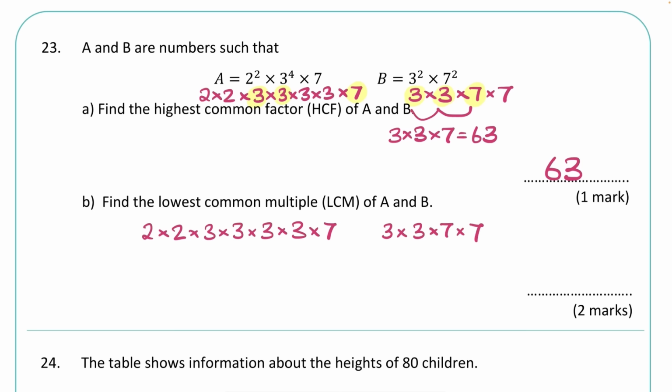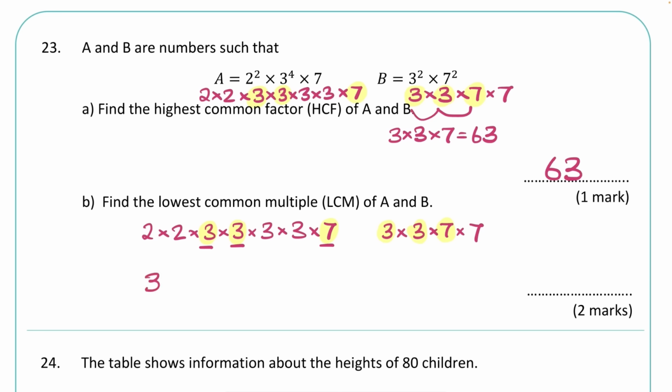Now again, what we're going to do is highlight what's in both. So there's a 3 in both, there is another 3 in both, and a 7 in both. Now to find the lowest common multiple, and this is how I do it, first multiply, like we did before, those 3 numbers that are in both.